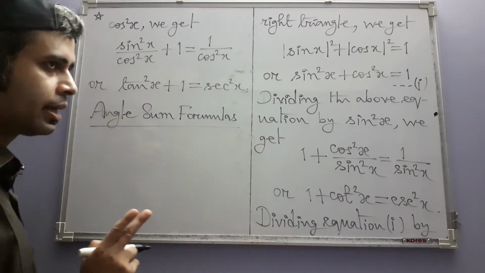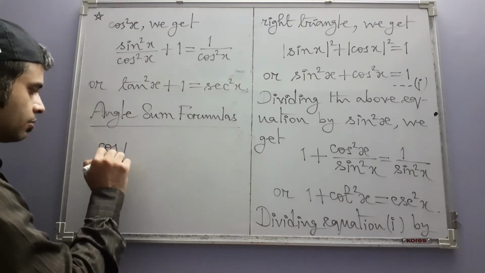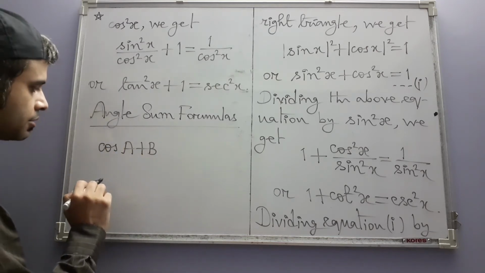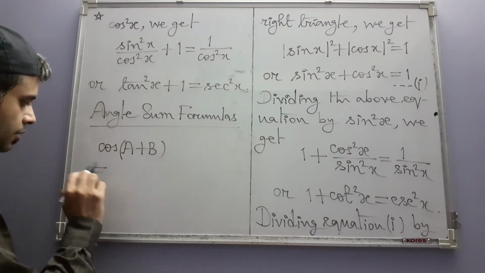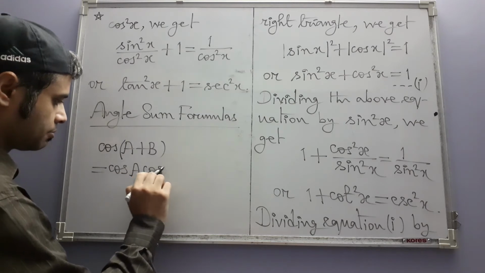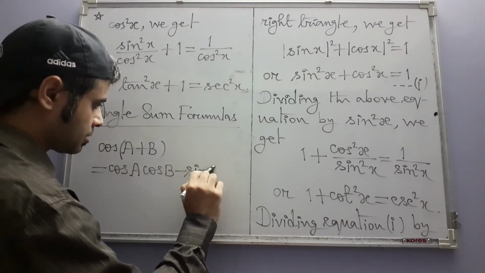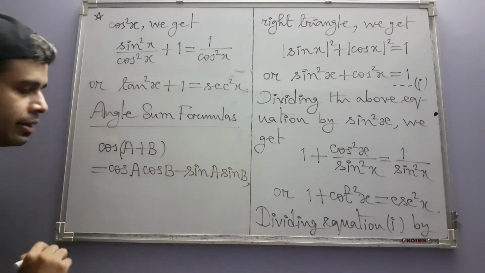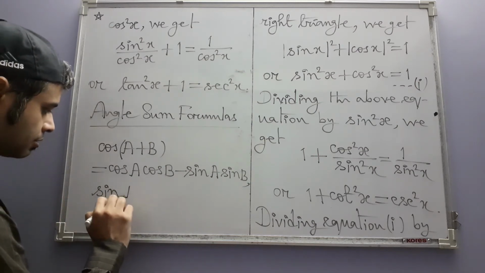There are two main angle sum formulas for any two real numbers a and b. Cos a plus b is cos a cos b minus sin a sin b. This is one. And the other one involves the sine function.